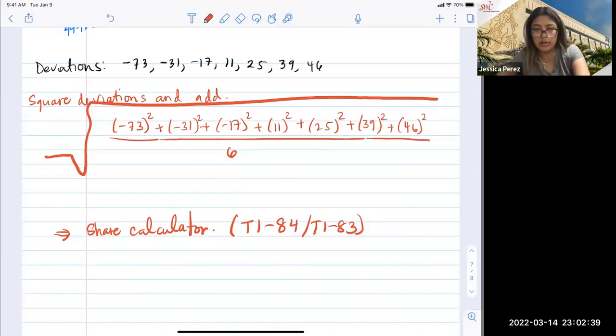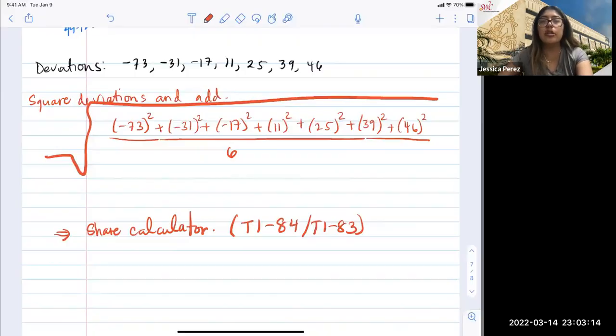So then I have negative 73 squared, and then negative 31 squared, and then negative 17 squared, and then, remember, this is the last one, 11 squared, and then 25 squared, and then 39 squared.